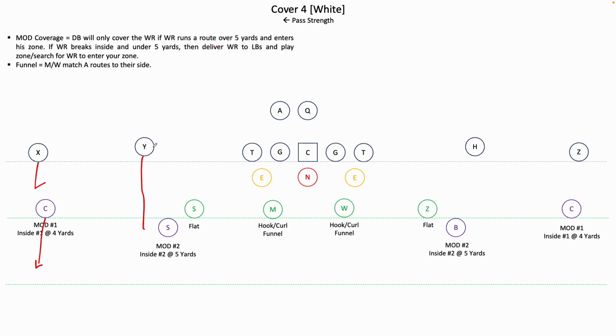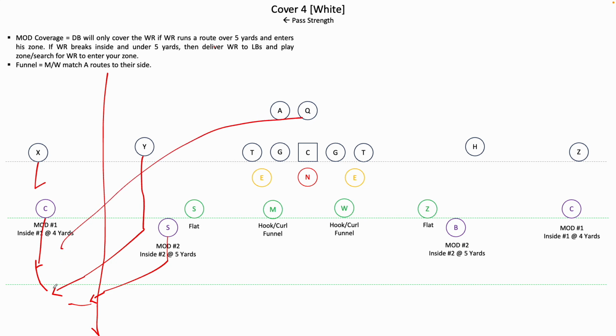Now, when this Y crosses 5 yards, the Spartan is going to cover the Y, and as this Y makes his way over into the corner's quarter, the corner is also going to cover. So we're going to get a double team. If the quarterback has to make this throw, I expect an interception here.